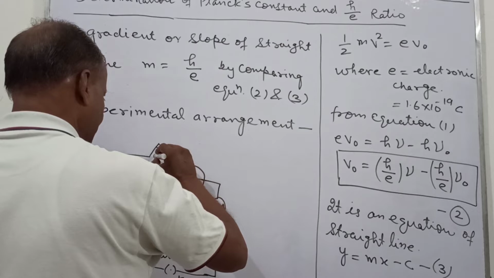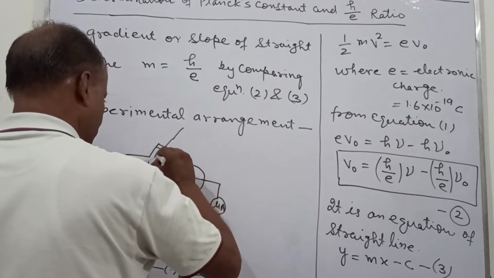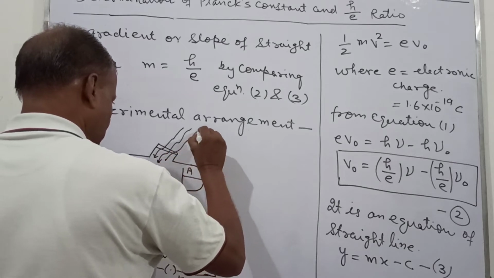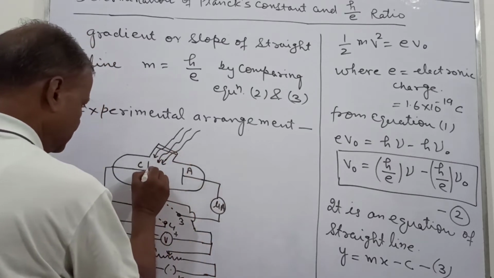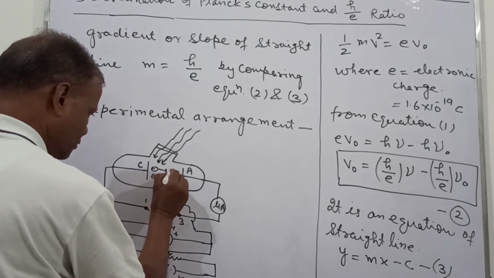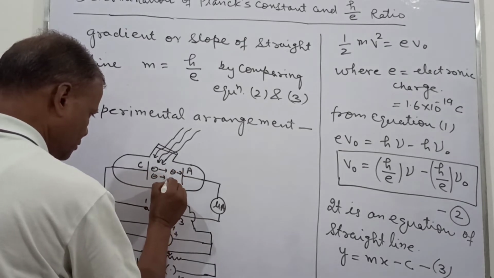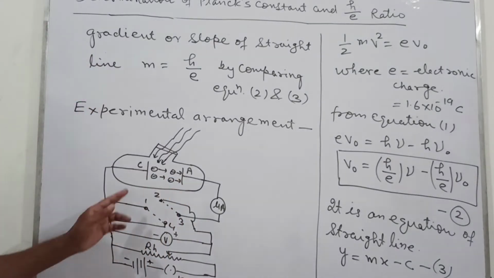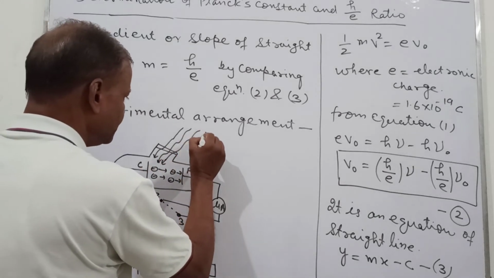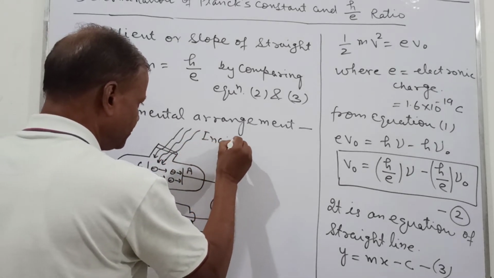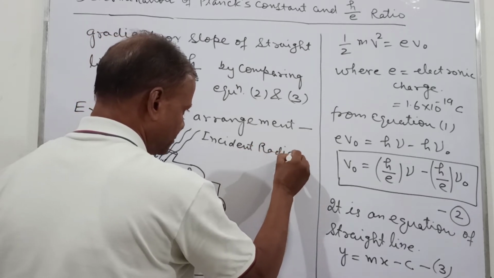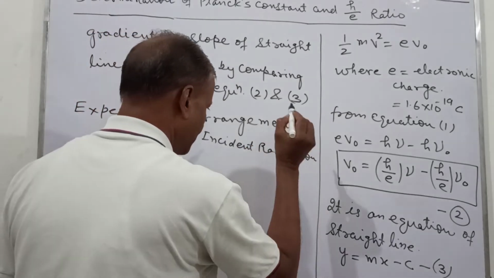Here we have the radiations falling on it. These are the radiations. These are the electrons that move. This is the electron. So here this is incident radiation.